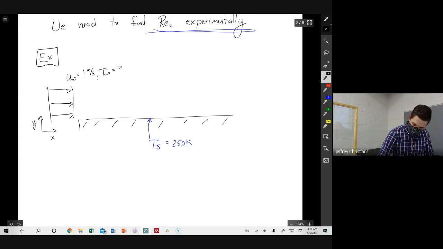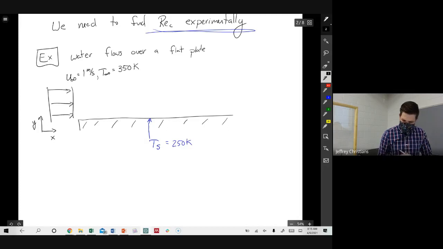And this is 350 K. So this is water flowing over a flat plate, so our fluid is water. We have a cold plate, and we're warming it up with water.